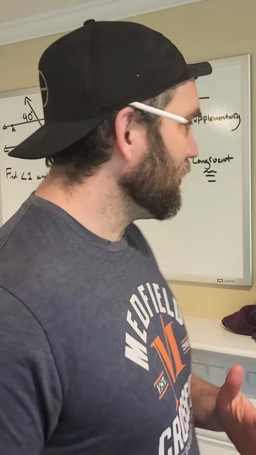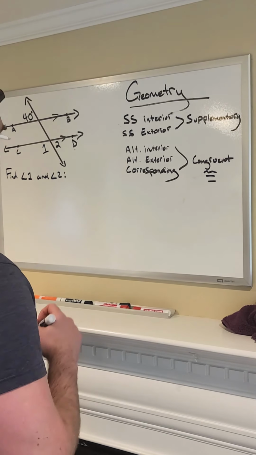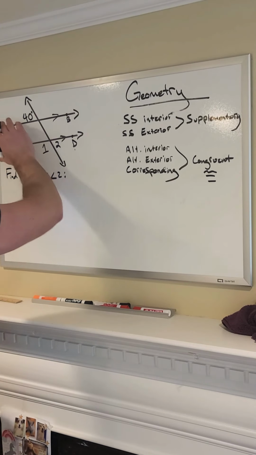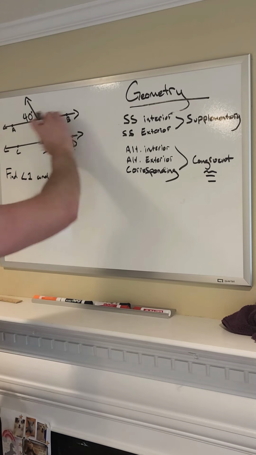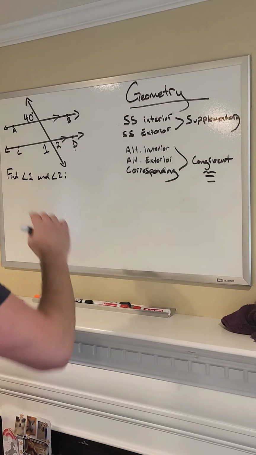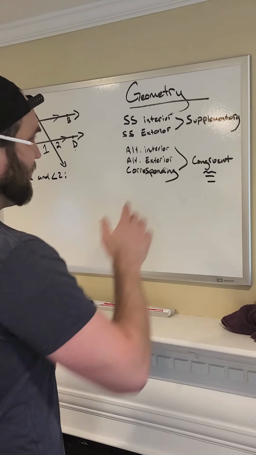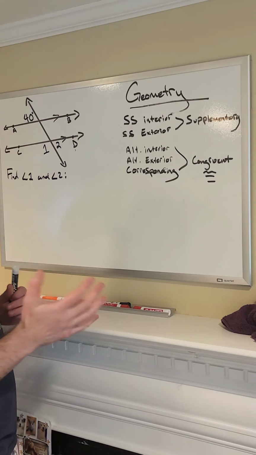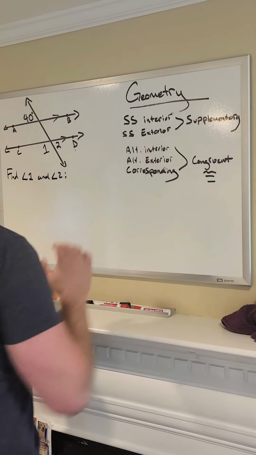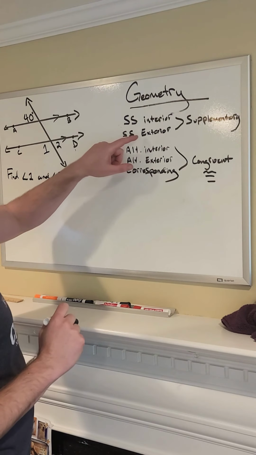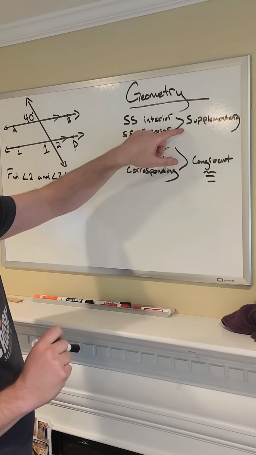So let's take a look at the board. Building off what we did earlier, we talked about the transversal crossing two parallel lines and how it creates 8 angles, and what their relationships to one another are. Same side interior angles and same side exterior angles are always supplementary.